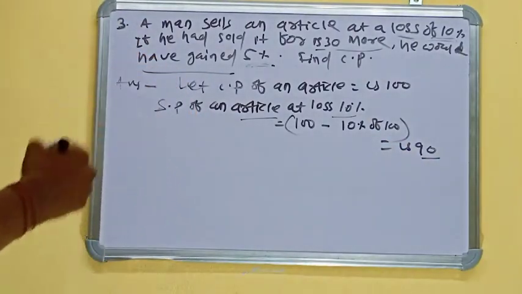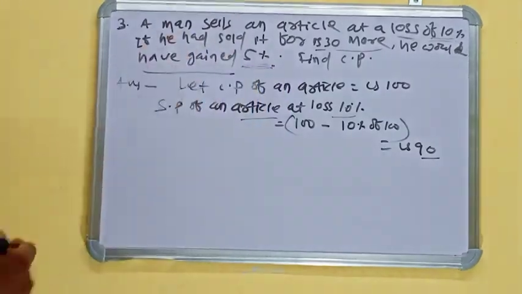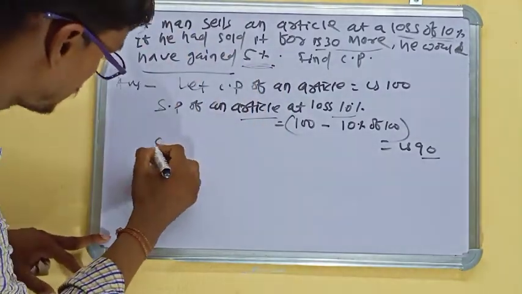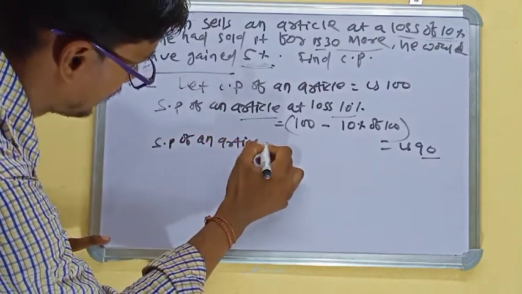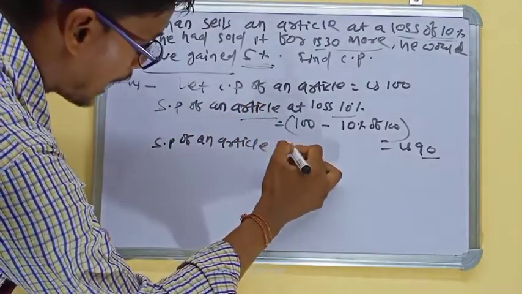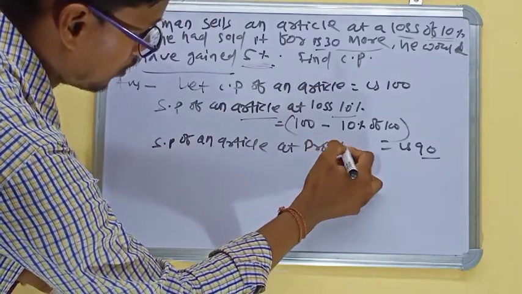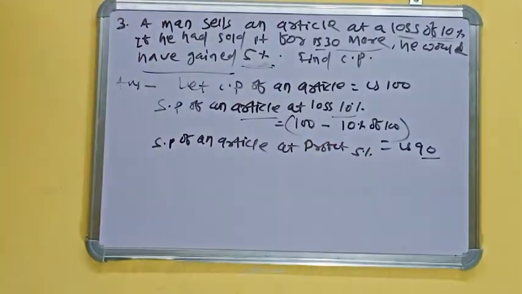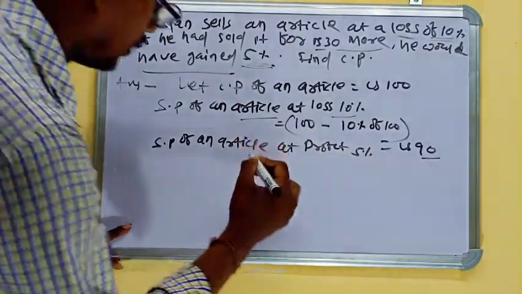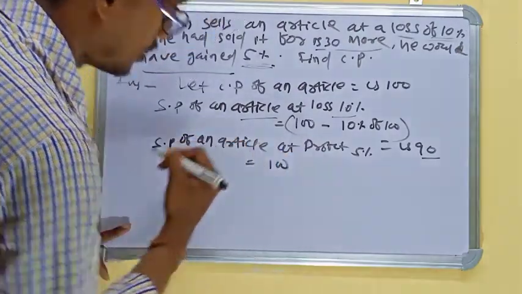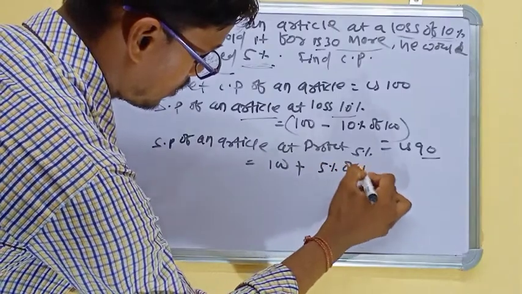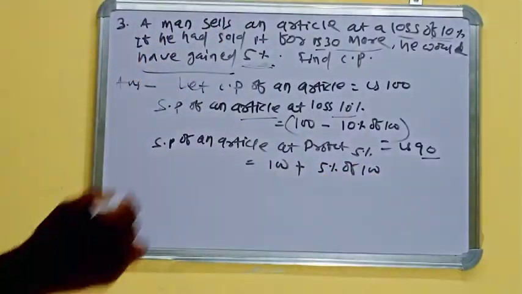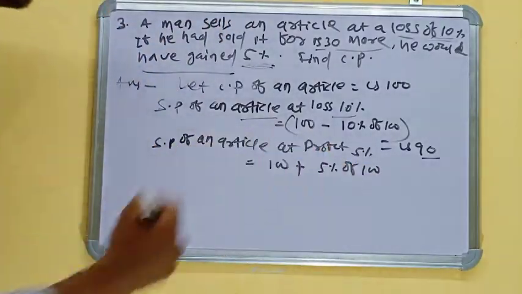Then we calculate the SP at a profit of 5%. The SP of an article at a profit of 5% is equal to 100 plus 5% of 100. 100 is CP plus the profit amount.